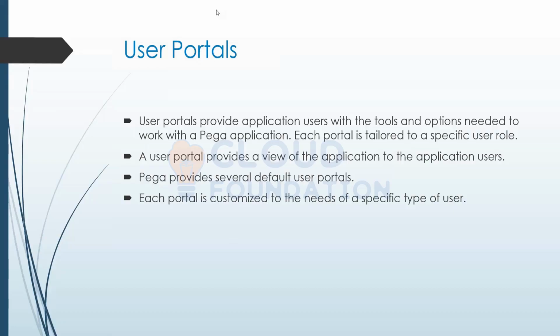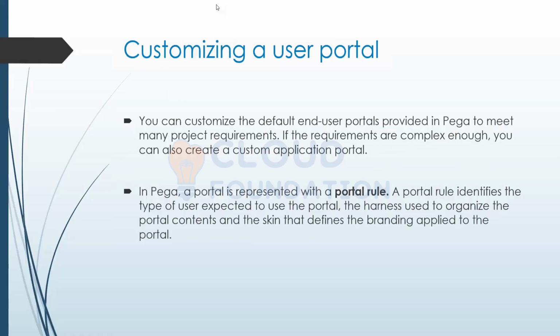Now, in order to directly look into the aspect of customization, first we will be talking about something called a portal. As we know, everything in PEGA is considered a rule. The first thing we will be talking about is the portal rule here.